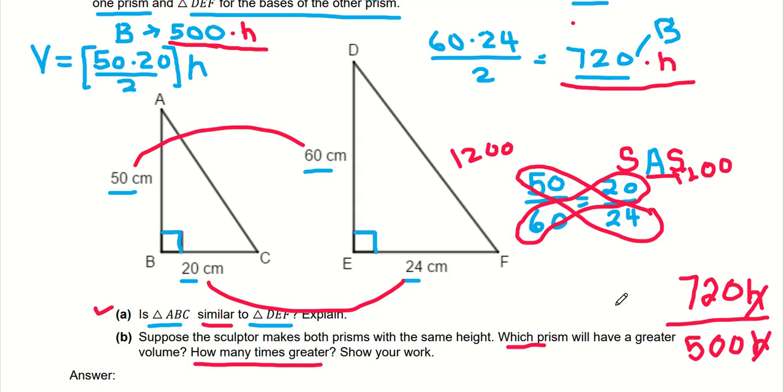The H's cancel, and then 720 divided by 500. Put whatever numbers you have on your test into your calculator, and I get, it increases by a factor of 1.44.